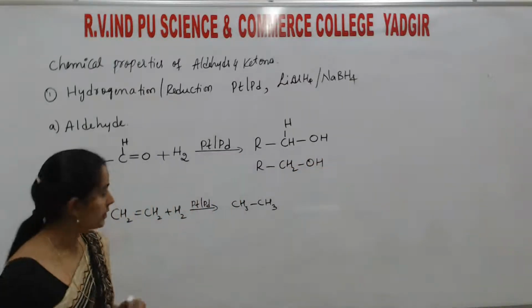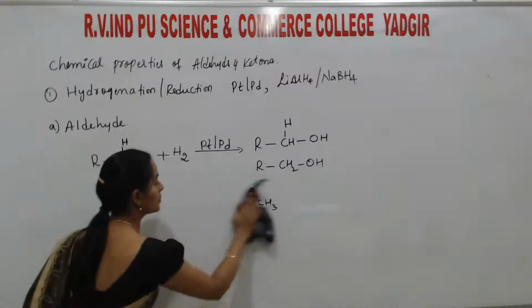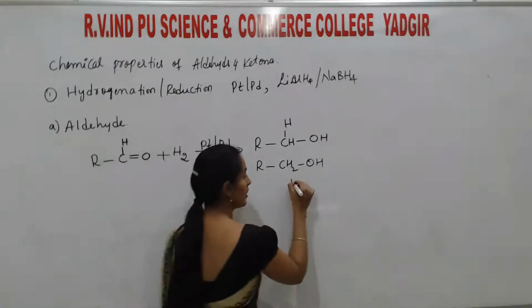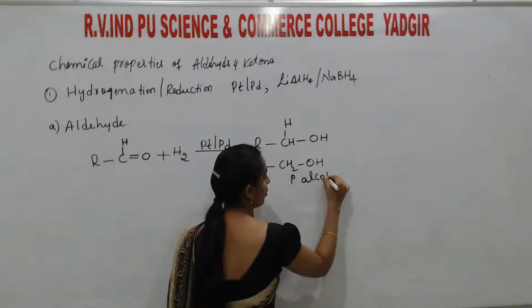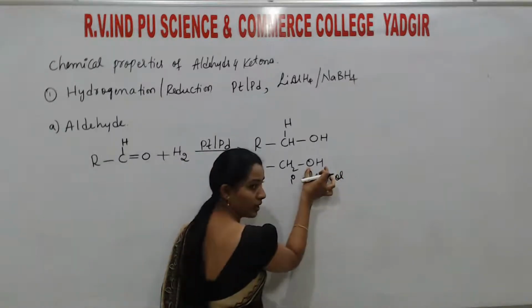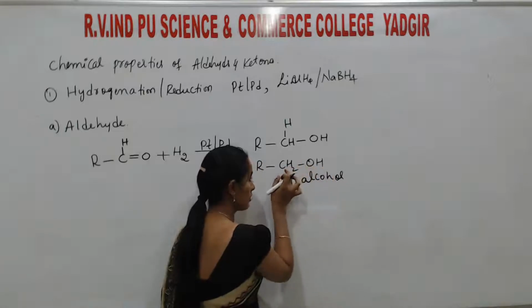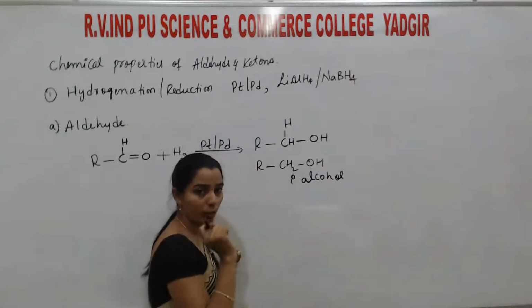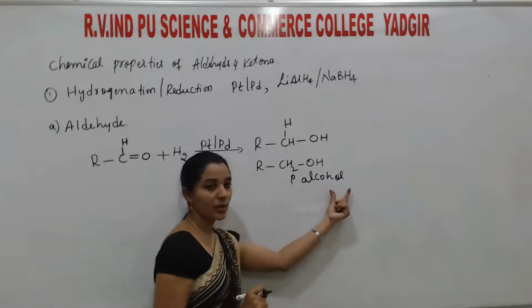So from aldehyde, upon reduction, it gives which product? Alcohol. Which type of alcohol is it? Primary alcohol, because the carbon to which OH is attached is further attached to only one carbon atom. So that is primary alcohol.